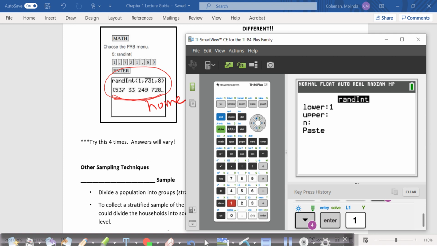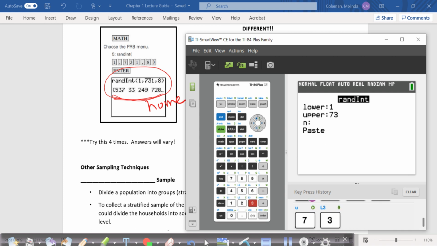The upper limit would be the 731 students. N would be the number that we want to randomly pick. In this case, we want to pick 8 students at random. Then I'm going to go down, and then notice that paste is being highlighted. That means, yes, I'm ready to paste.